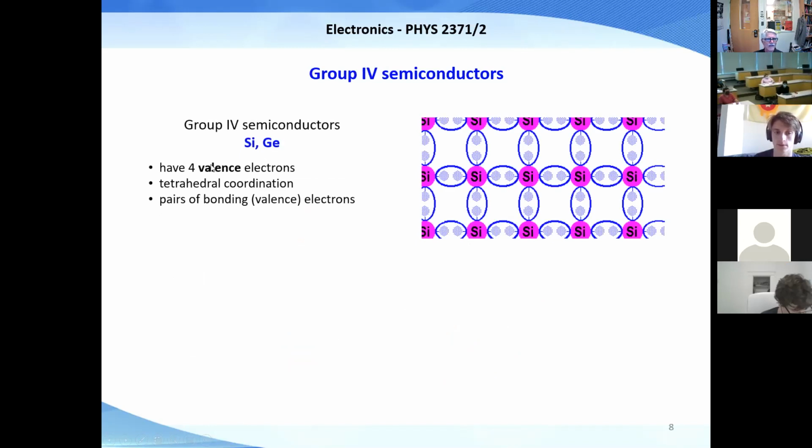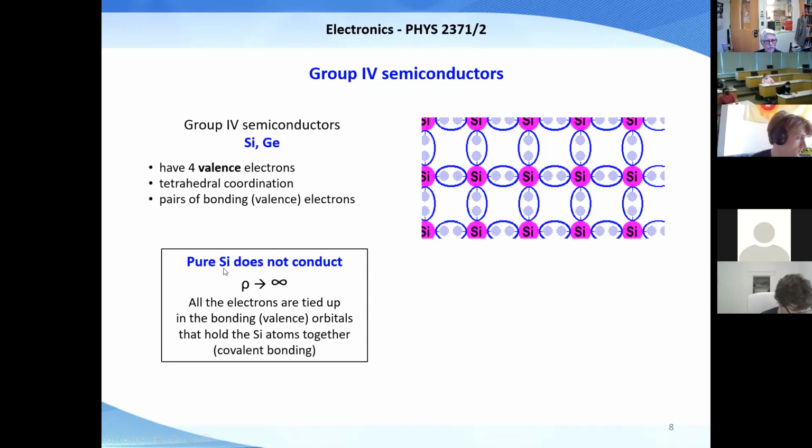Okay, 4 valence electrons in silicon and germanium. And so here's a silicon. This is a representation of it. It has these 4 bonding electrons, and they're mostly covalently bonded to other silicon atoms, with pairs of electrons between the silicons. So as I said, pure silicon, any pure semiconductor, has an infinite resistivity.